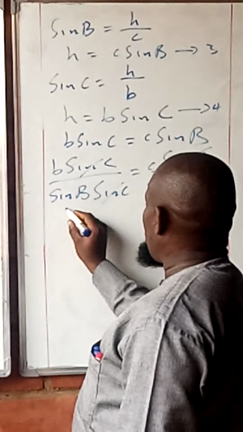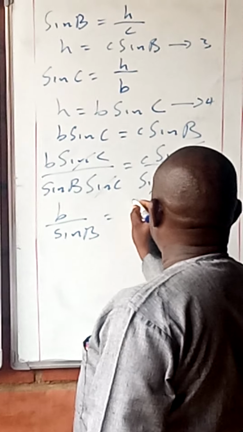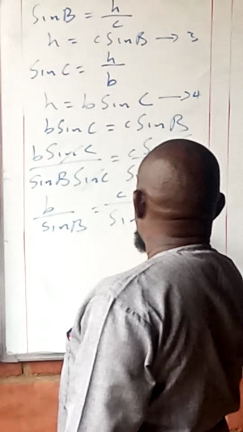So you are left with b over sine B equal to c over sine C.